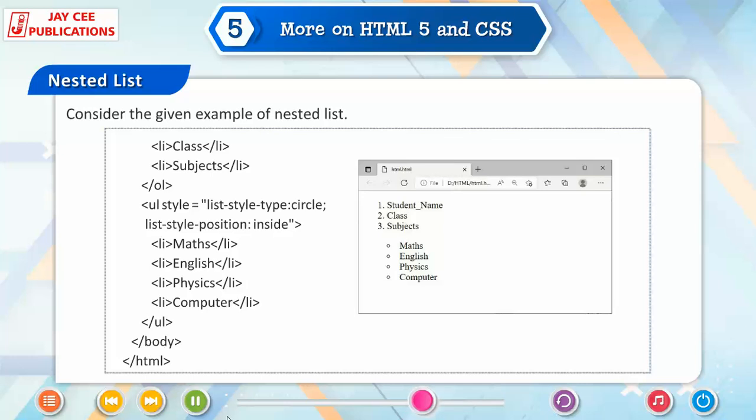In angular bracket ul style is equal to, in double quotes, list-style-type: circle; list-style-position: inside. Open li maths close li, open li English close li, open li physics close li, open li computer close li, close ul, close body, close html.